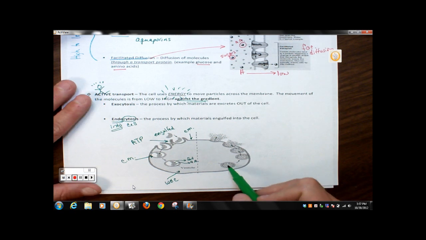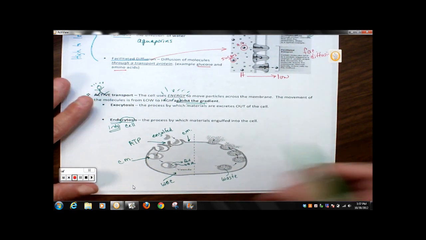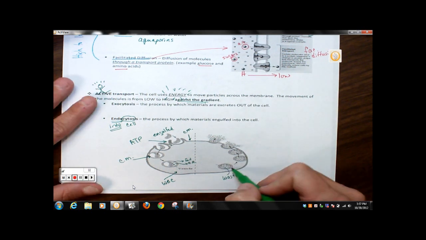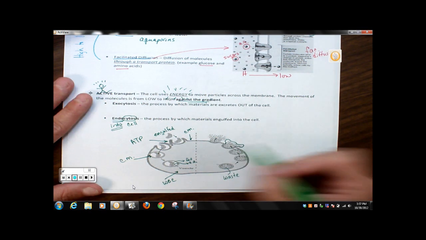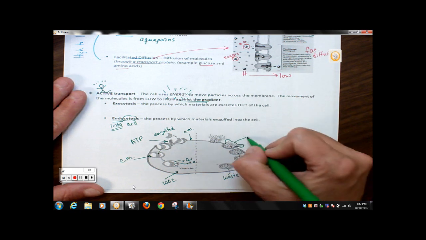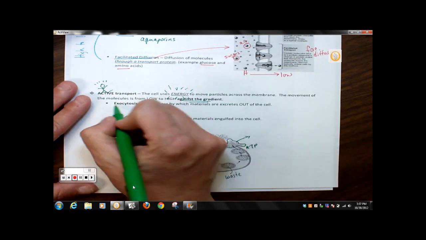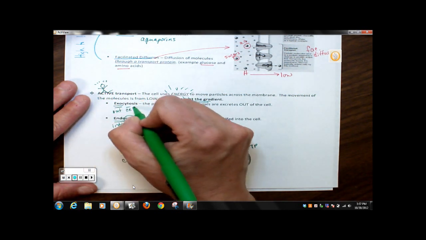But the waste that's left behind is going to need to be excreted. And because it's in a vesicle and it's pretty big compared to the cell, this vesicle will go up to the edge of the membrane and it will actually excrete the waste particles out. And that too will require energy. And that is called exocytosis, which means out, the condition of going out of the cell.